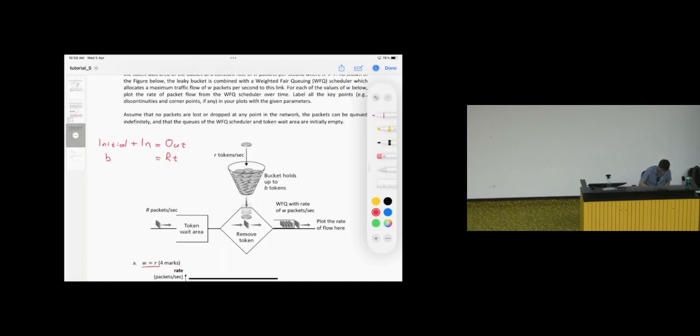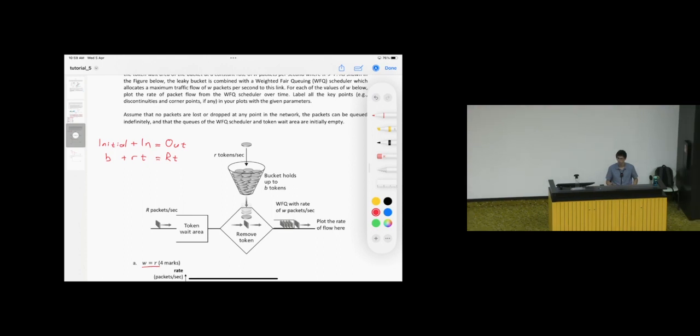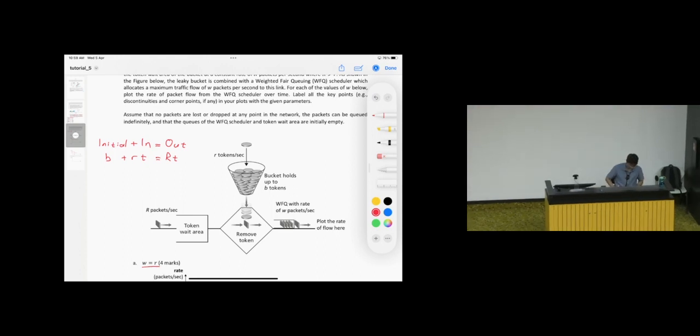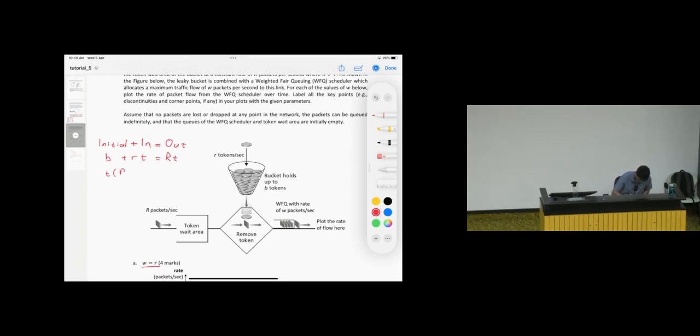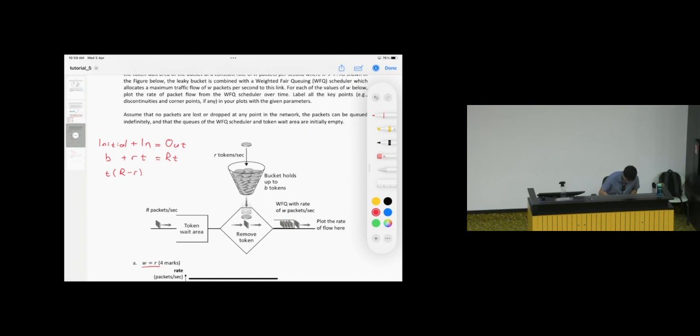And how many in? Well, I have small r times t in, because my token arrival rate is small r, right? So let's pull out t from this equation. t times (capital R minus small r) equals b. So t equals b over capital R minus small r. Right?